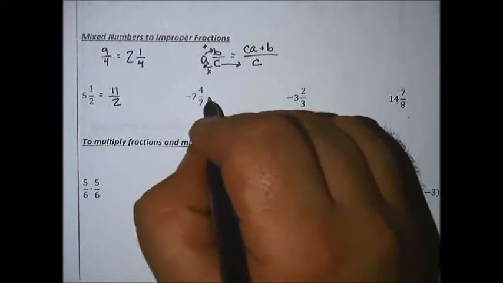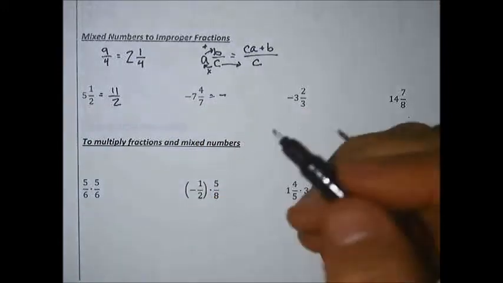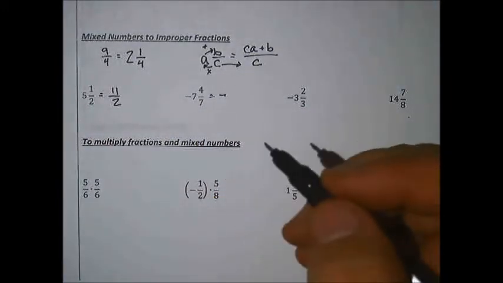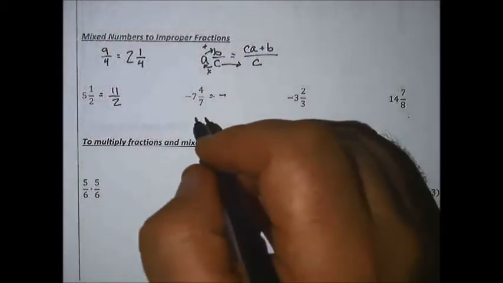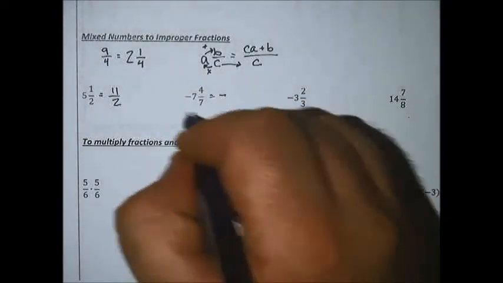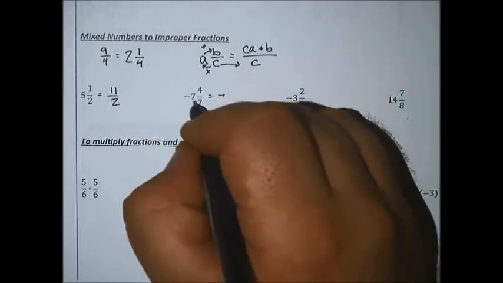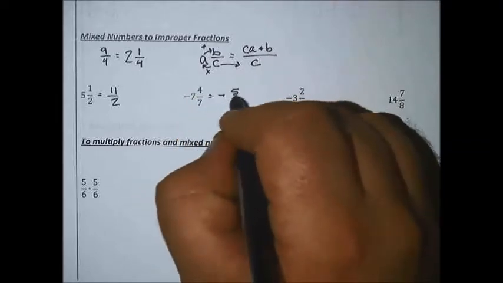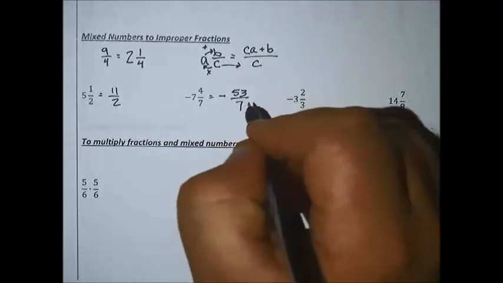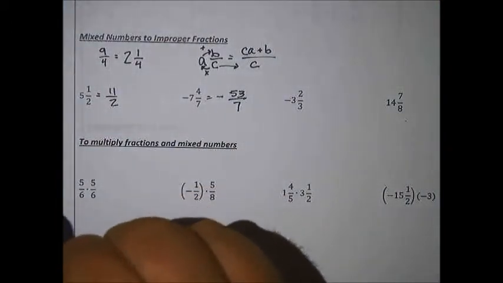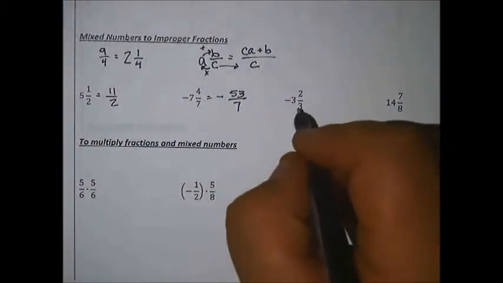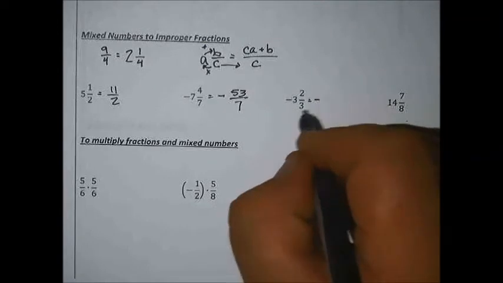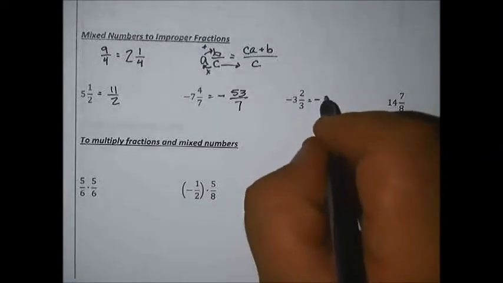When I deal with negatives, I'm just going to leave the negative out in front. My actual answer is going to be negative here, but I don't want to think about multiplying a negative number. I just look at 7 times 7. Well, that's 49. Plus 4 is 53. So I have negative 53 sevenths. Again, leave the negative out in front. 3 times 3 is 9, plus 2 is 11.